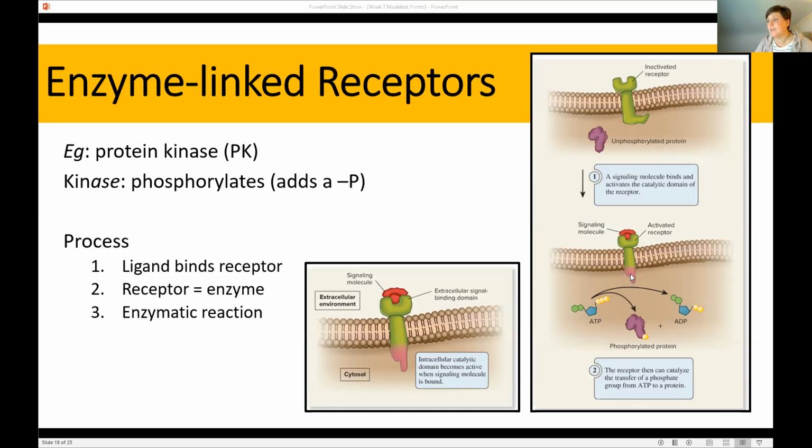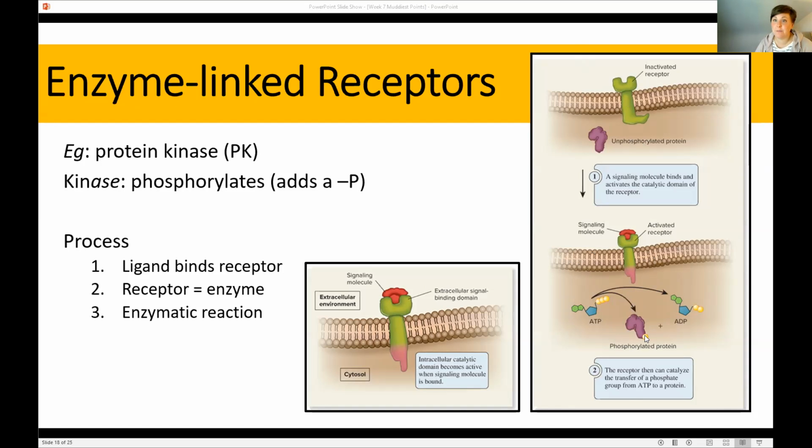But regardless, what happens is this enzyme is directly, it's an enzyme-linked receptor. This receptor is linked to an enzyme. And in particular for protein kinases, what these enzymes do is they phosphorylate something. So that's just what you're seeing here. And again, why does that matter?